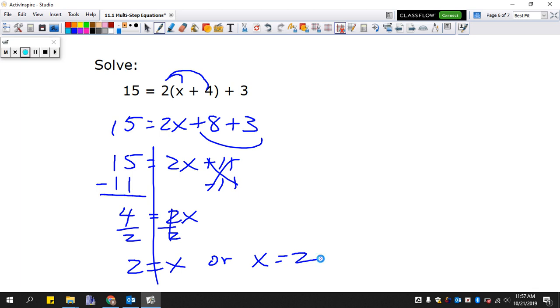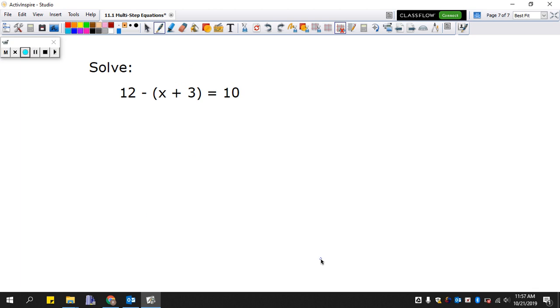And one last problem. All right. The reason I wanted to do this is simply because of this right here. So you have that minus, but we don't really have a number that shows up in front of the variable. But we understand that this is a negative 1.